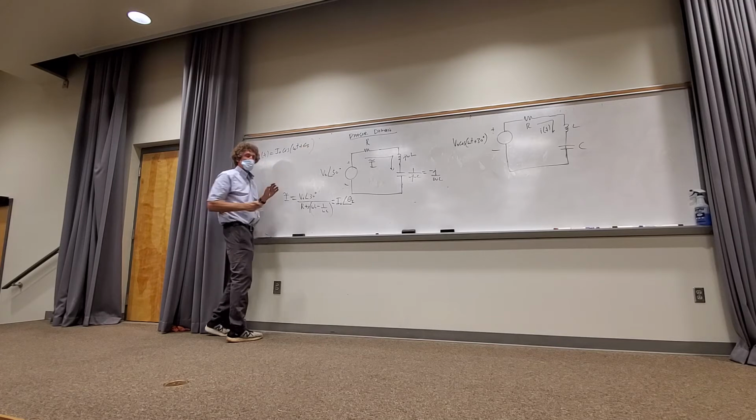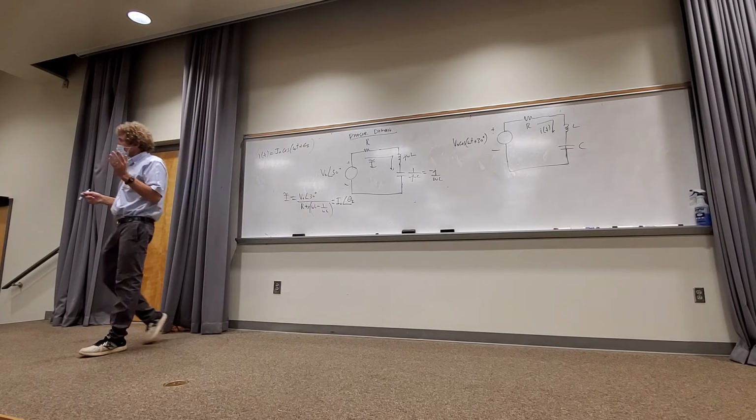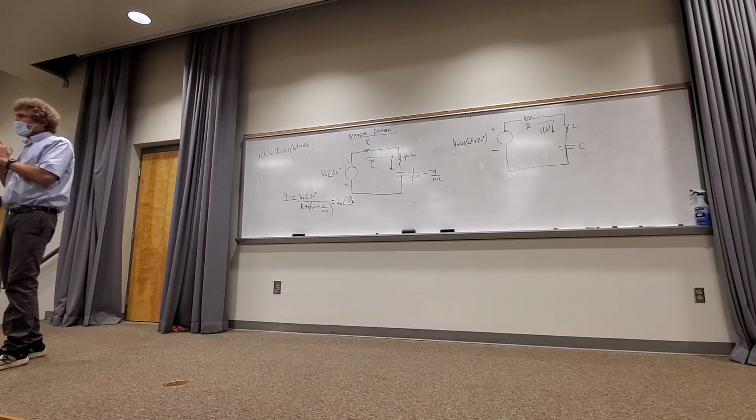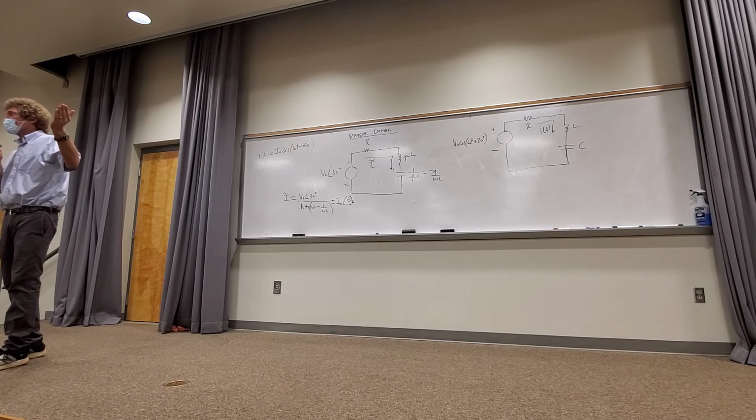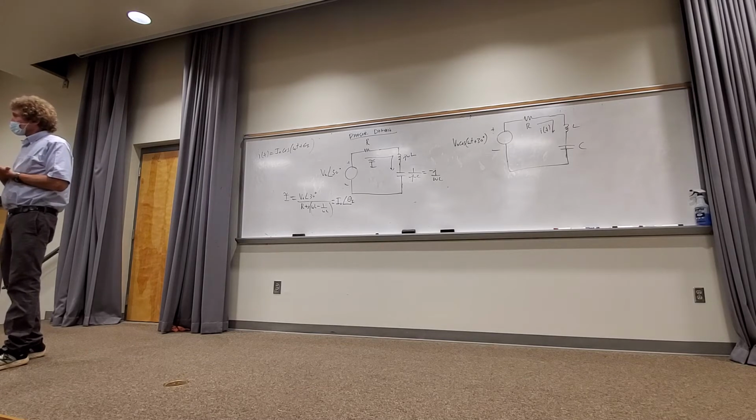Now, this is not the transient form. If there's a switch to turn this on, there's going to be a time before this thing reaches the steady state response. But now you have the magnitude, the cosine of omega t plus the phase angle, and that will be the response to the current. Y'all follow me on this, class? The current to that voltage.